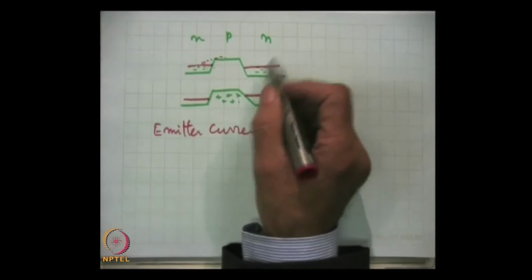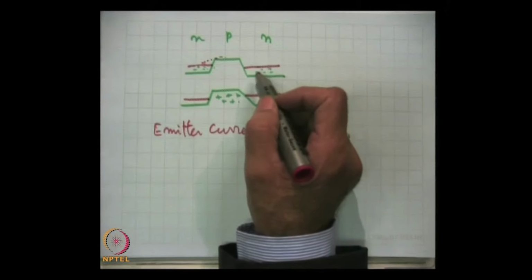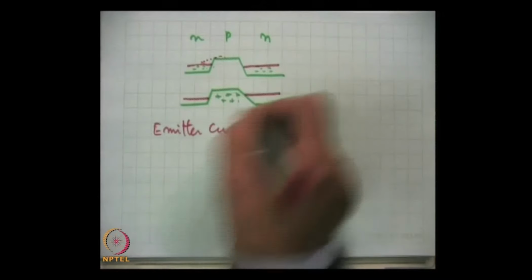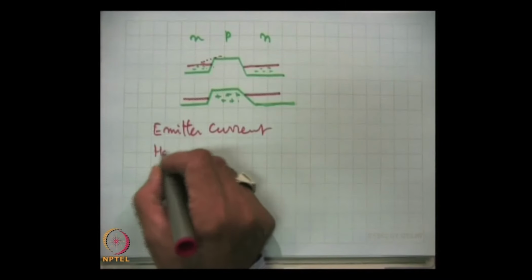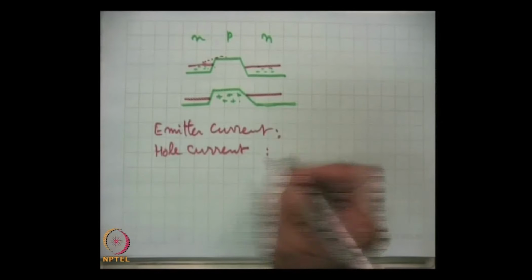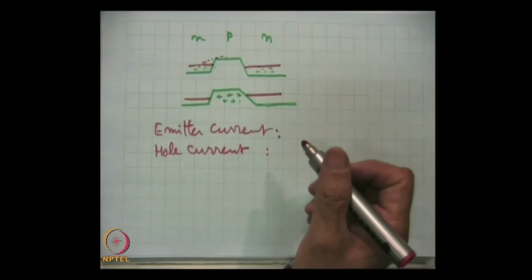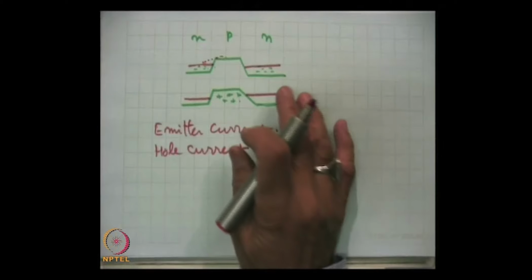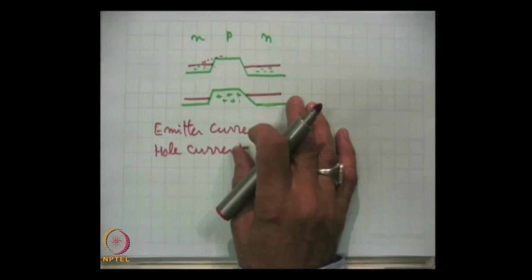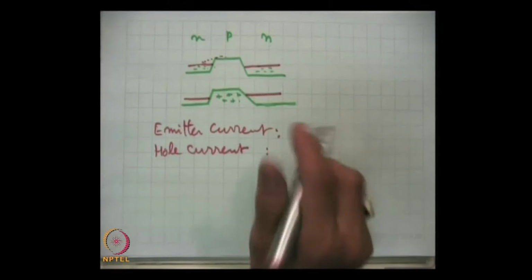They will also diffuse towards the collector, but the major contribution of collector current will be from the electrons. That will constitute the whole current. But the fact that the two currents are independent makes this biasing scheme not suitable when we are going to use the transistor as an amplifier.